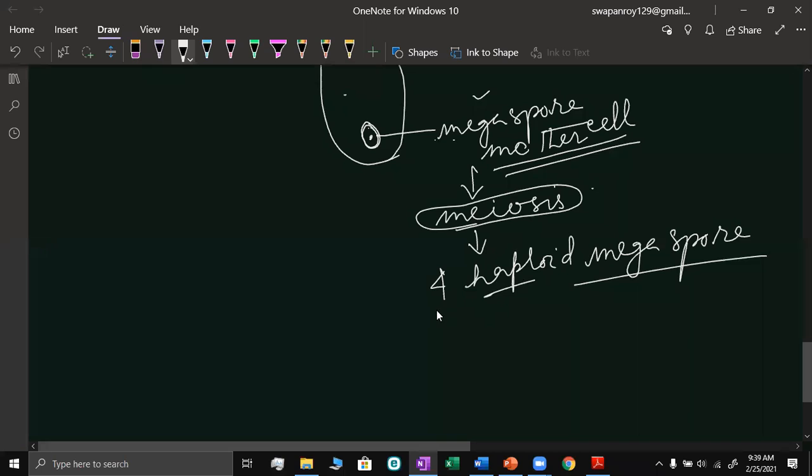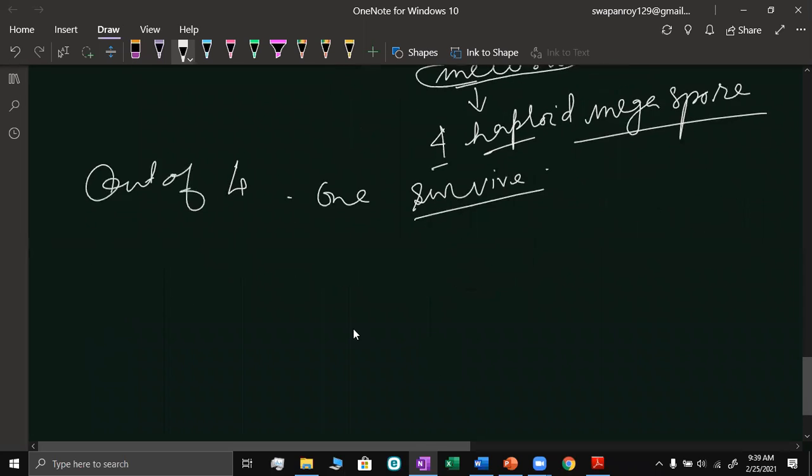Out of these 4, usually 1 megaspore survives in most of the cases, and that is the functional megaspore.